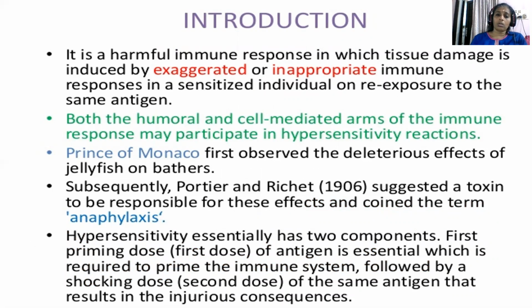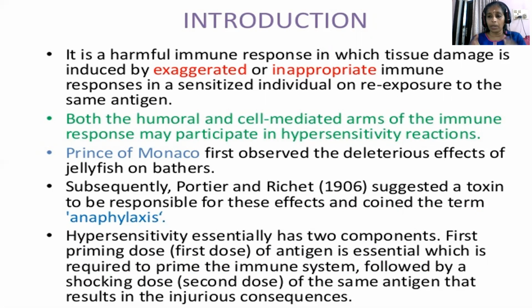This was first observed by Prince Monaco, who observed the deleterious effect of jellyfish toxin on birds. Subsequently, Portier and Richet suggested that a toxin was responsible for this effect, and they coined the name anaphylaxis. Generally, hypersensitivity has two major components.